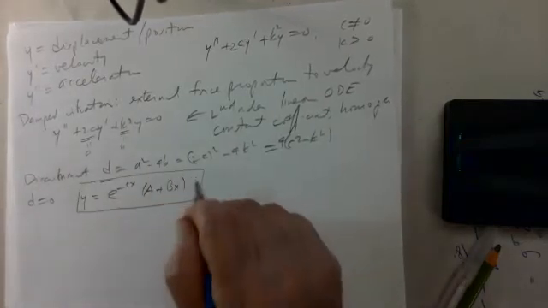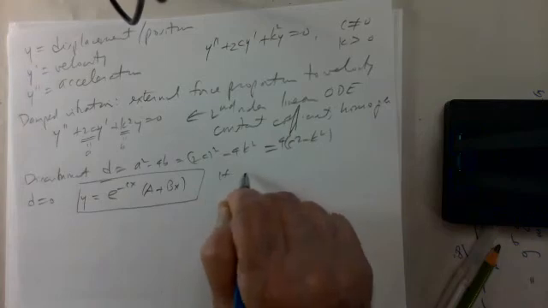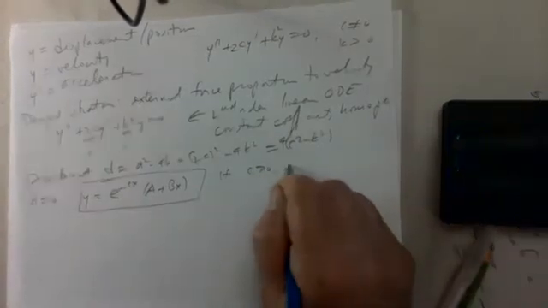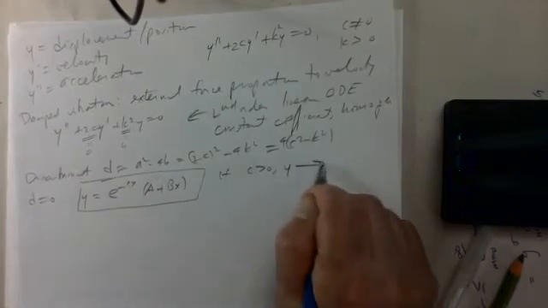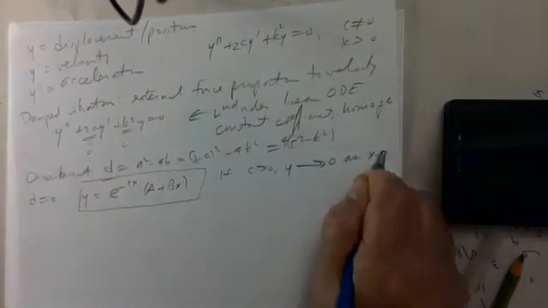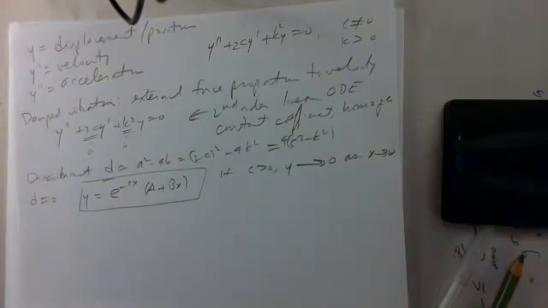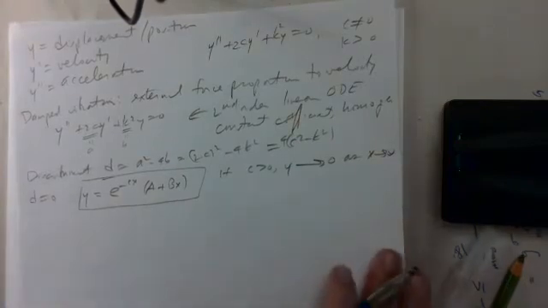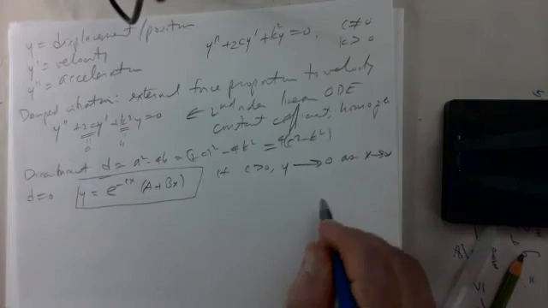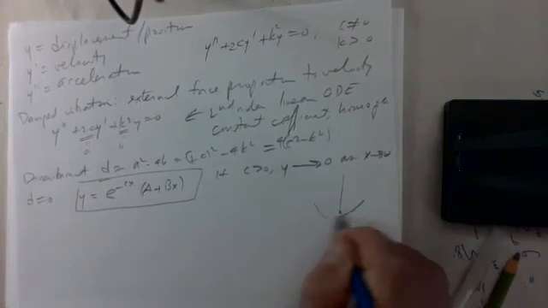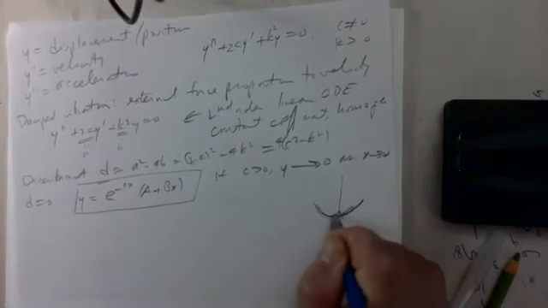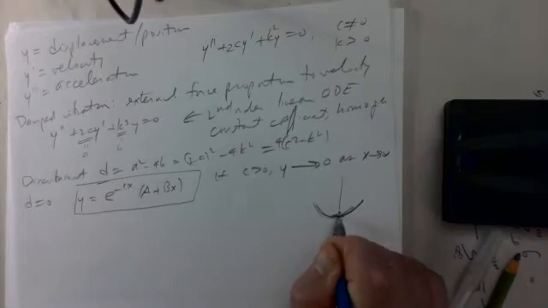What happens to this? If c is positive, this is a linear over an exponential. This goes to 0 as x goes to infinity. So if you wanted to think of this as some oscillating pendulum, it's oscillating, but the oscillation is getting smaller and smaller, and in the limit it approaches 0.